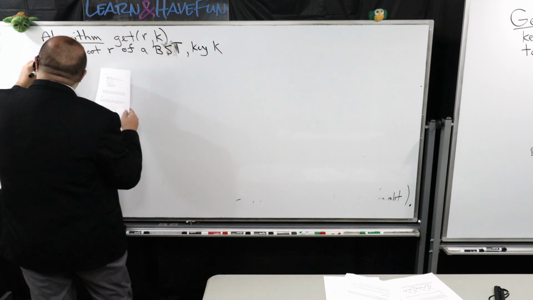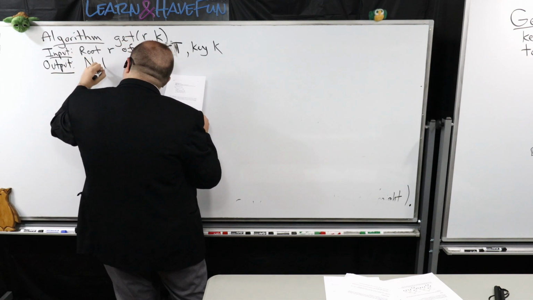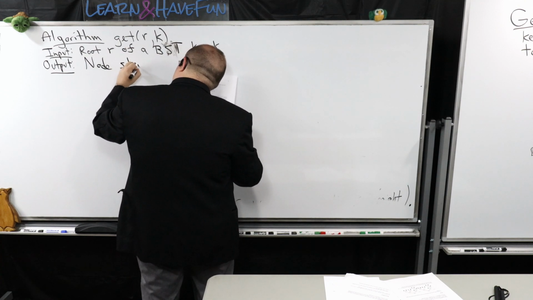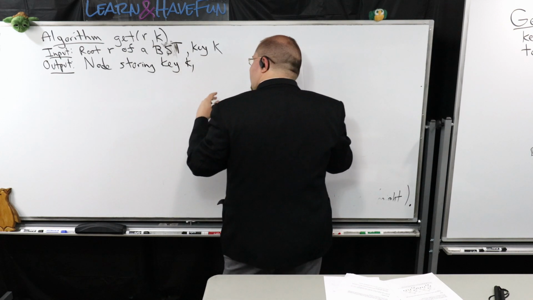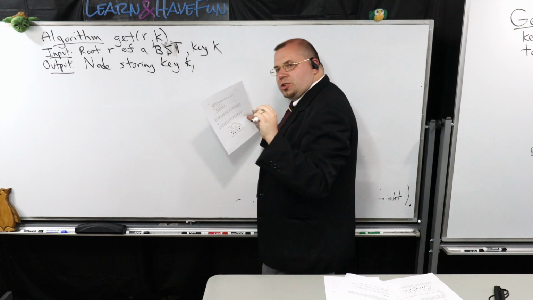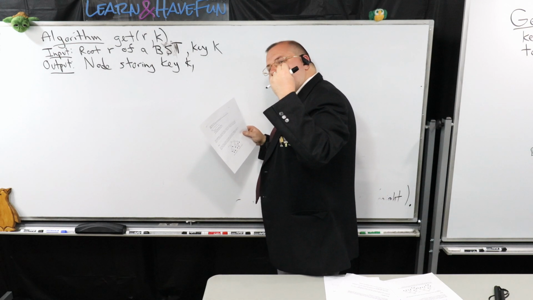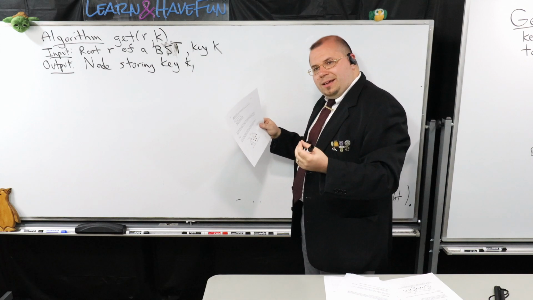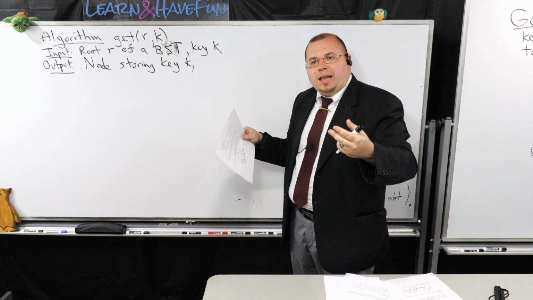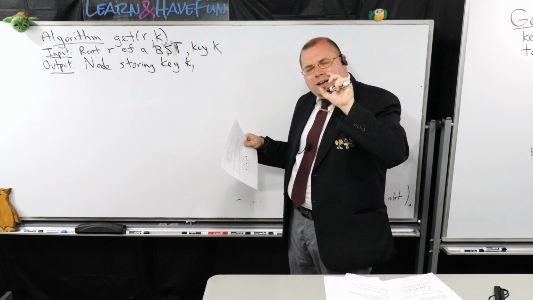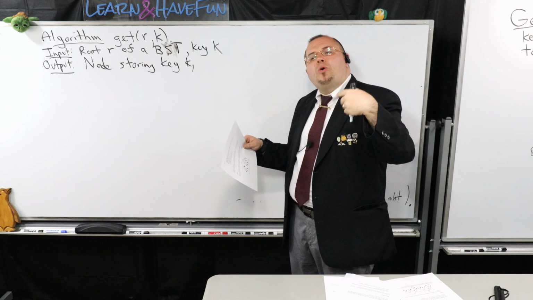And remember, it's going to return to us a node storing key K. Or, now this is the catch, because we can hit a leaf node, right? That's a possibility. So if we fail to find it, I want it to return to me the leaf node where it would have been.